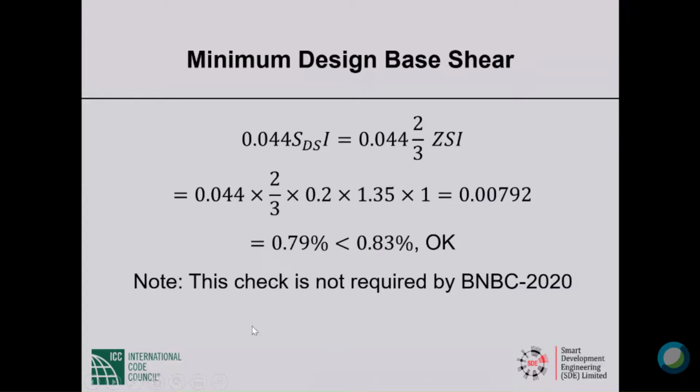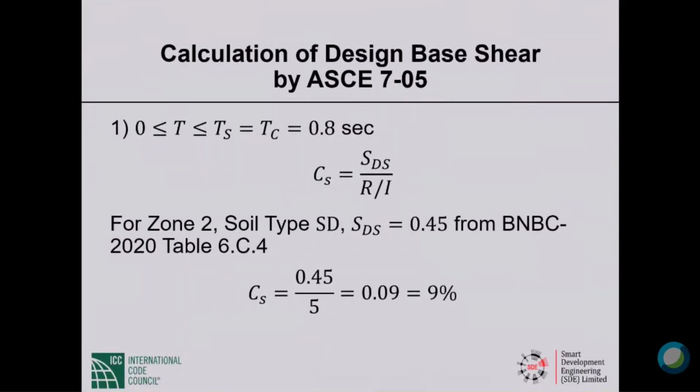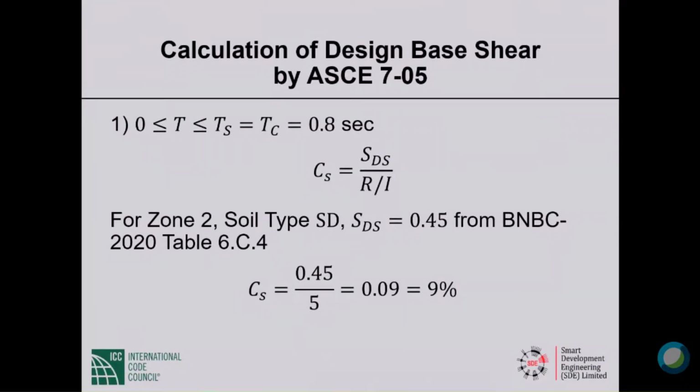I said this check is not required by BNBC 2020. Now, if we were to do the same problem by ASCE 7-05, the first branch should be from 0 to T sub S, which is 0.8 second. This is the BNBC ramp from 0 to T sub S of 0.8 second.